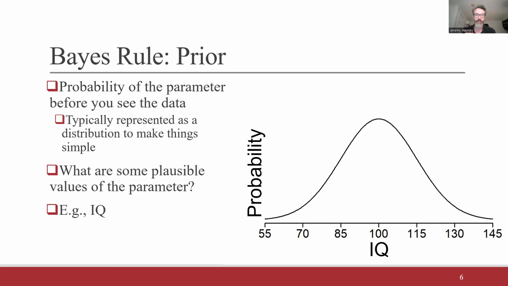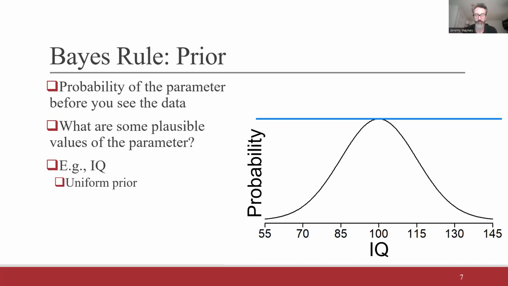And now, if we didn't want to make any prior assumptions, is not the right word. If we didn't want to, I guess, think about any plausible values of, let's say, estimating the mean of a group of individuals' IQ scores, we could set a uniform prior. Now, this is perfectly fine.